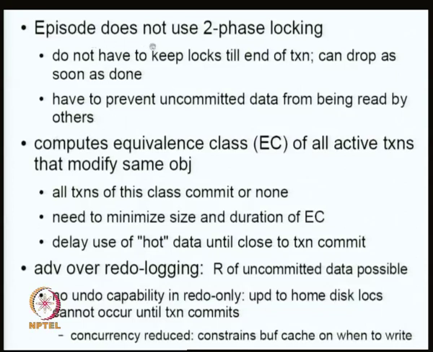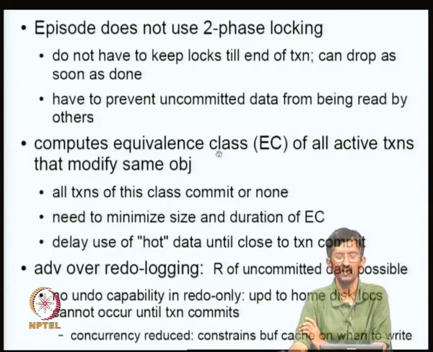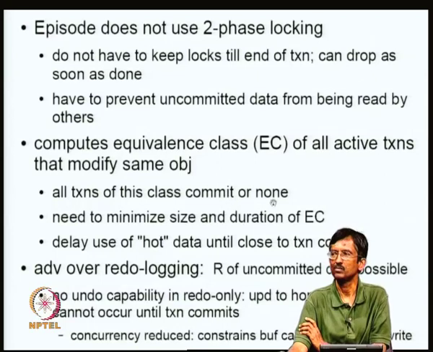So to handle both these problems, Episode takes all the active transactions and computes an equivalence class of those transactions that modify the same object, and all transactions of this class either commit together or not. This is some kind of optimization on top of the normal transaction models.